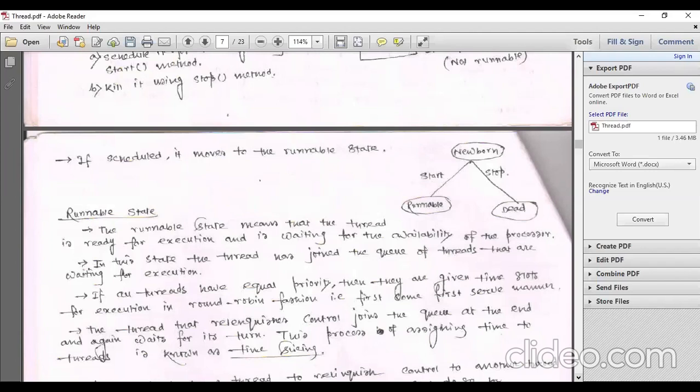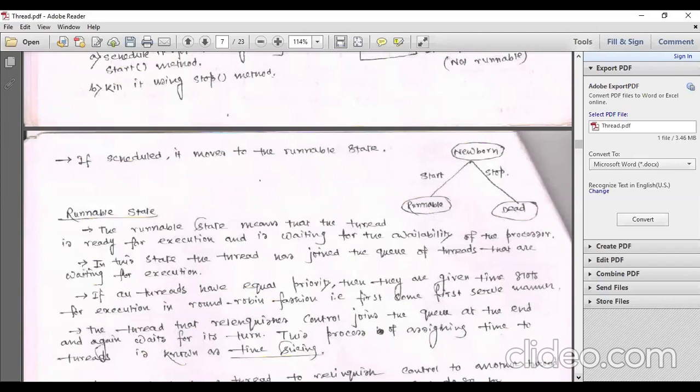So if the threads don't have any priority question, and I'm coming to the priority of threads in the very next topic, if we consider all threads to be of equal priority, they must follow the round robin fashion. The thread that relinquishes control joins the queue at the end and again waits for its turn.